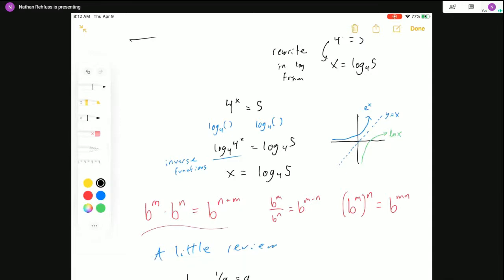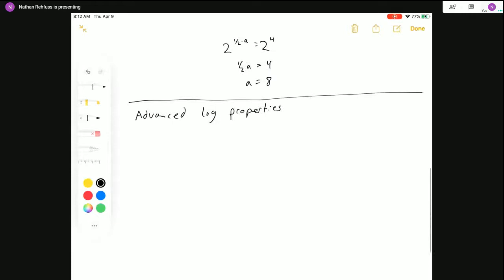So copy this back down here: b to the m times b to the n equals b to the n plus m. And for the exponential function, multiplied outputs is somehow exactly the same thing as added inputs.